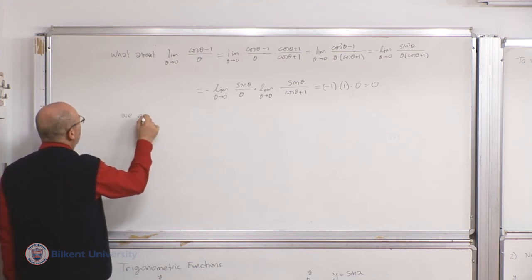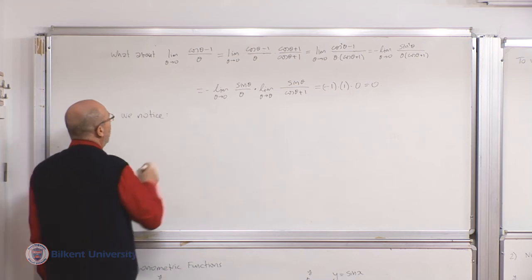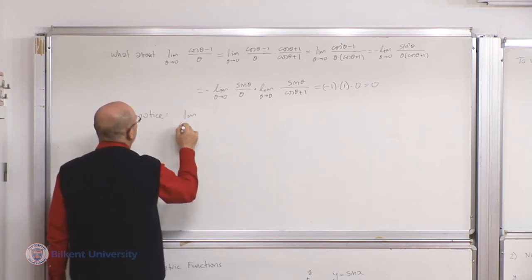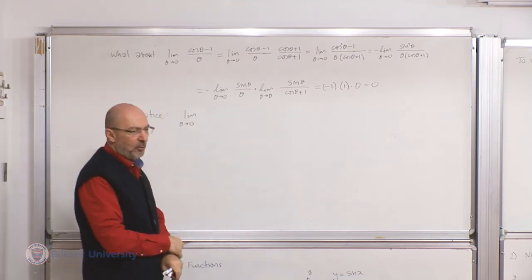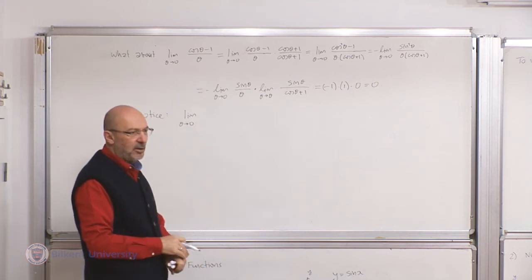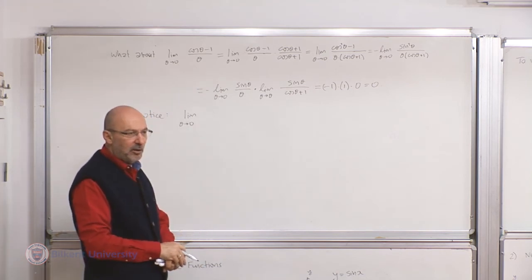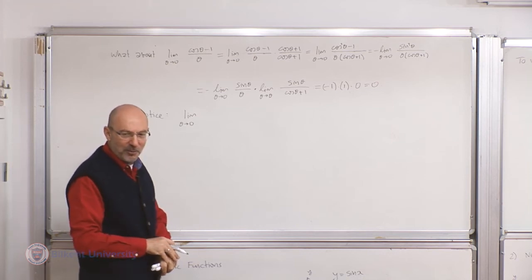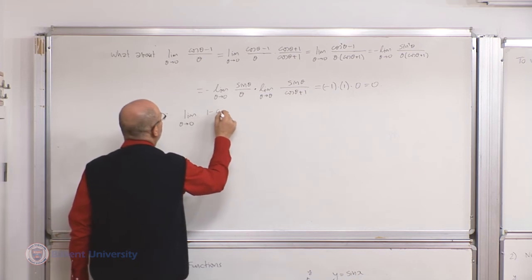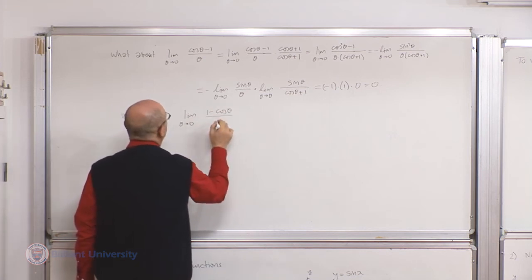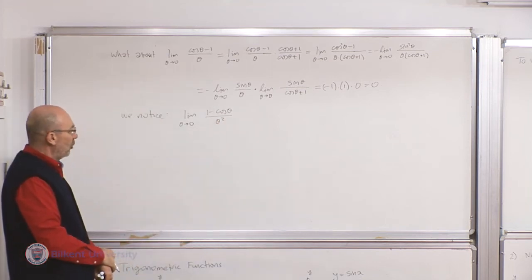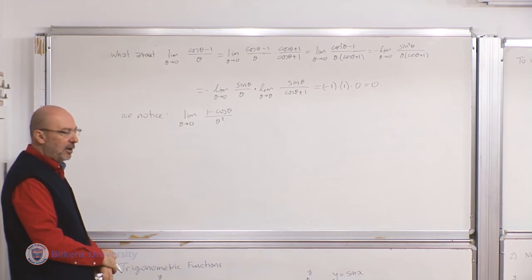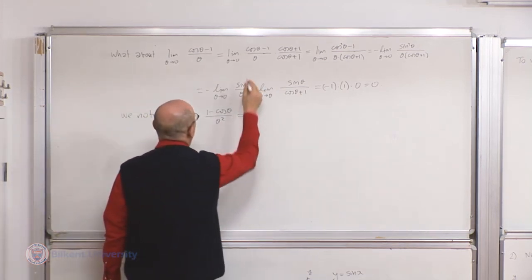We notice the following. Let's calculate the limit as theta goes to 0. We found that cosine theta minus 1 looks nice, but it gives us a minus at the end. So let's write it the other way around, not to get a minus sign. Nothing wrong with a minus sign, but aesthetics. So 1 minus cosine theta, and I'm dividing by theta squared this time. We notice that we can calculate this and still get a number. I'll do the same thing.